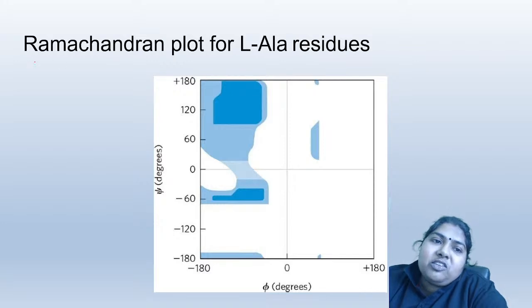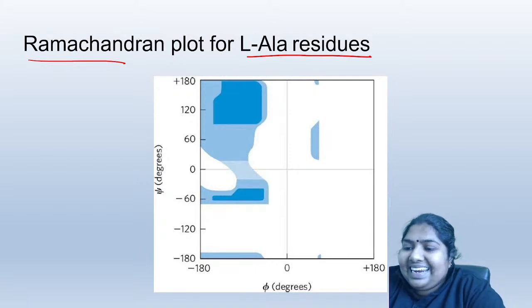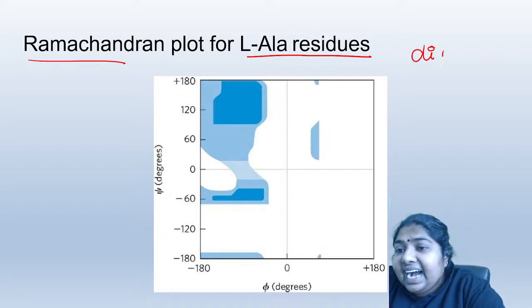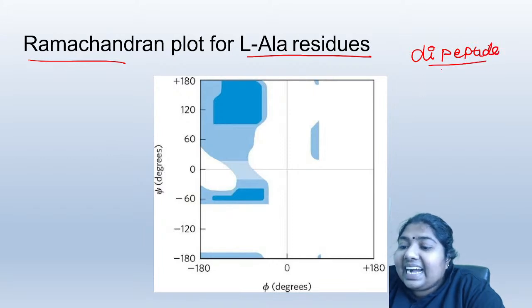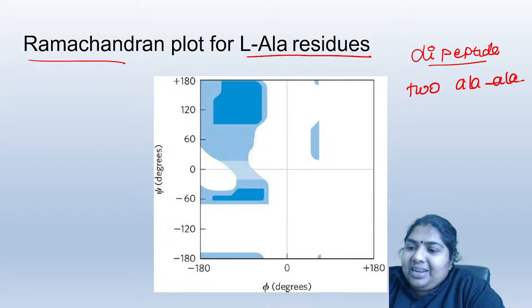Okay. So Ramachandran at first gave the plot for the L-alanine residue. Do you know how long this alanine residue was that he took? It was just a dipeptide. Dipeptide means two alanine residues joined by the peptide bond. That's all.